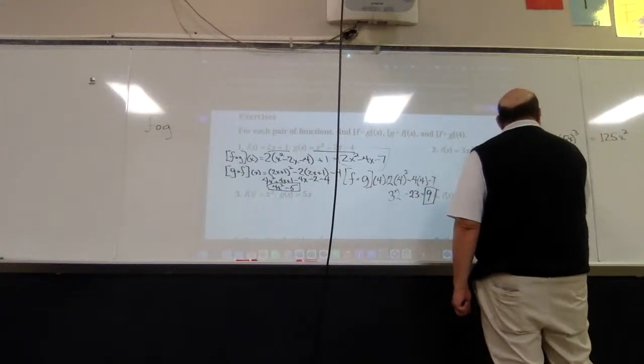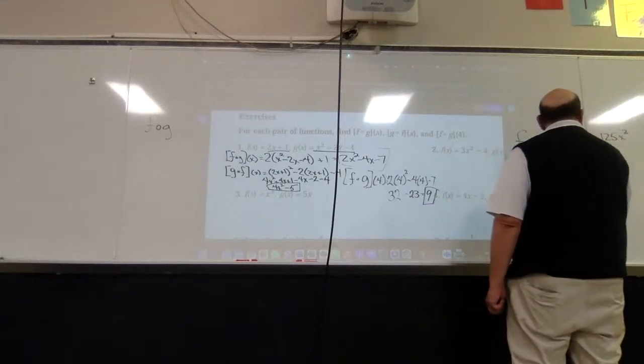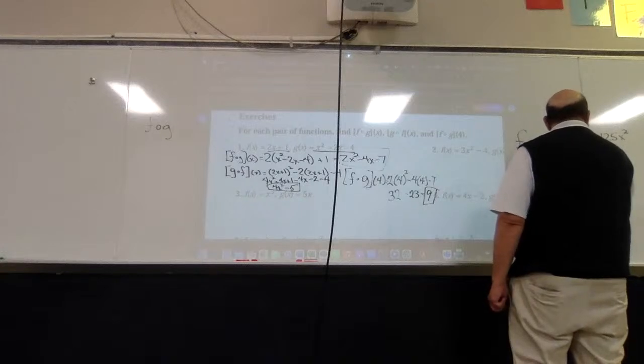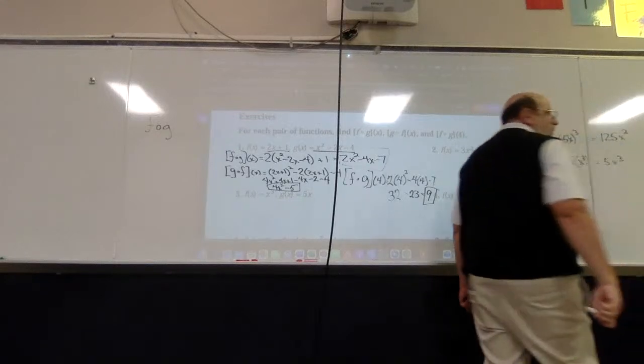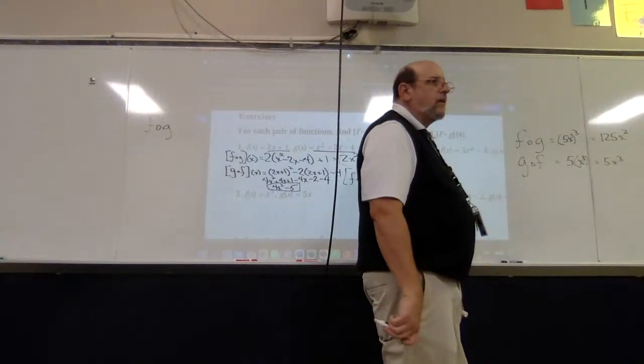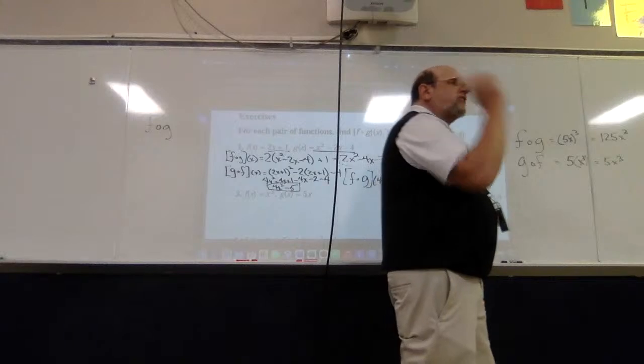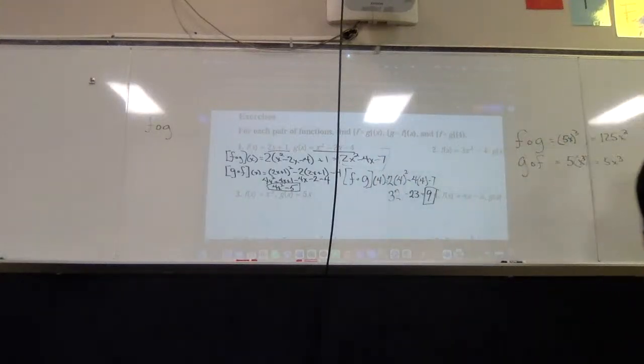Other way around. Why'd you erase it? 5, put it in that x cubed. That's just 5x cubed. Wherever you see an X in the original function, then you just plug in the 4.